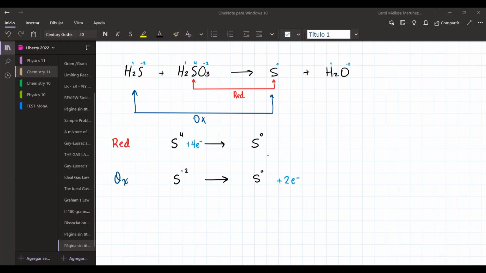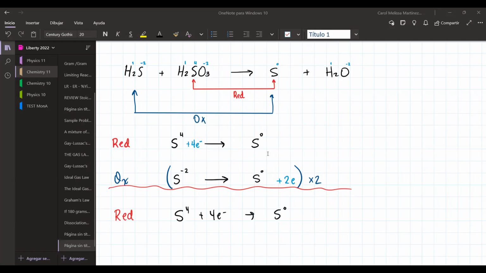In order to have the same number of electrons in reduction and in oxidation, I need to multiply oxidation times what number? 2. Okay, so the first remains the same, S4 plus 4 electrons, producing S0.